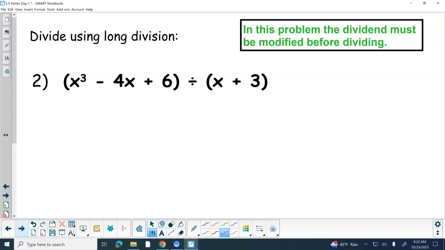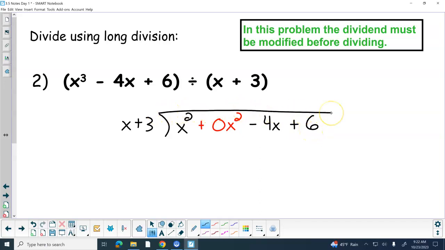So when we're going to set this one up, we've got to add that placeholder in there. Okay? We've got to add that placeholder in there because our first term is probably going to be a squared term. And I need to have a squared column in order to put my squared term in there. Okay?